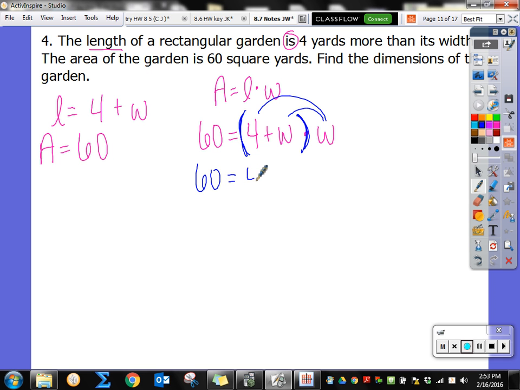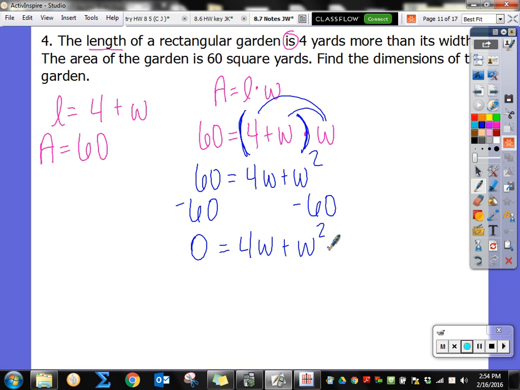So we have 60 equals 4w plus w squared. And then what do we need to do to solve? Set it equal to 0. So we have 0 equals 4w plus w squared minus 60.